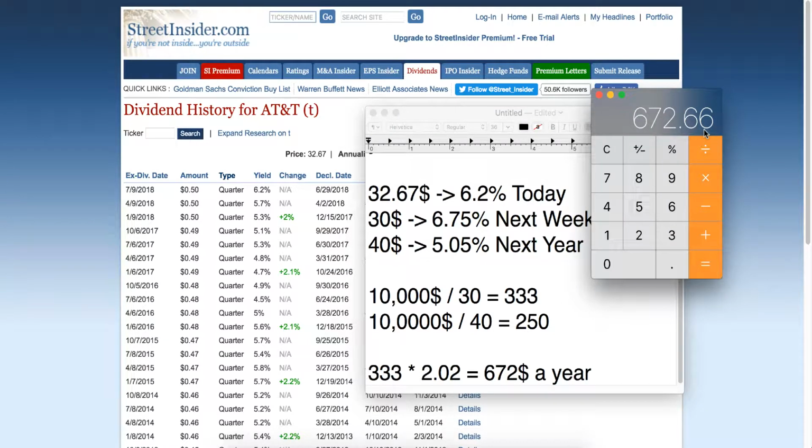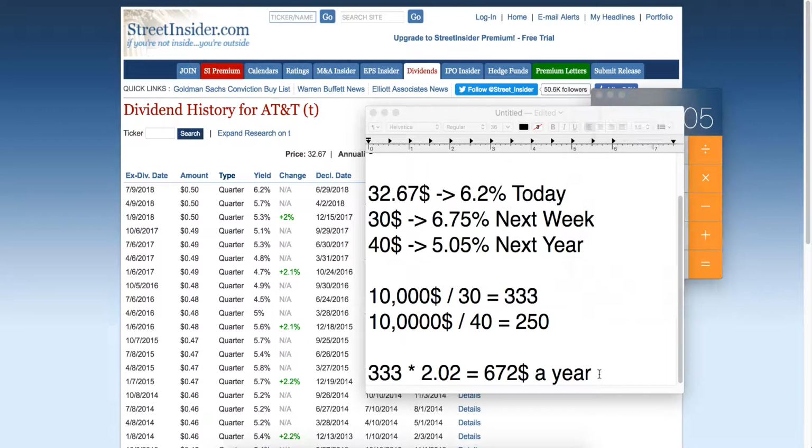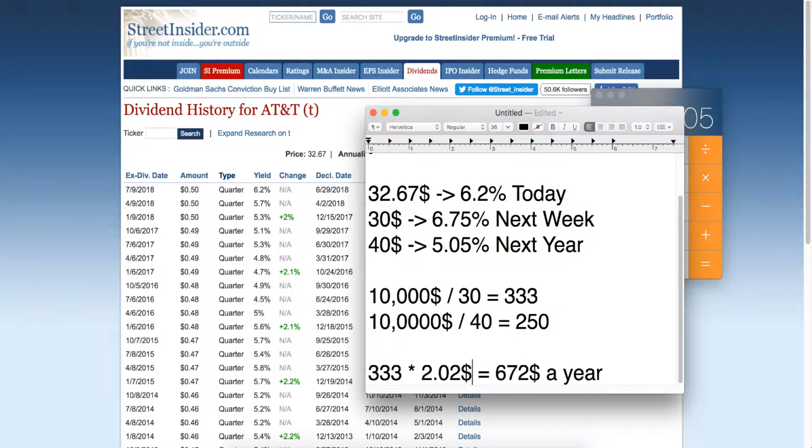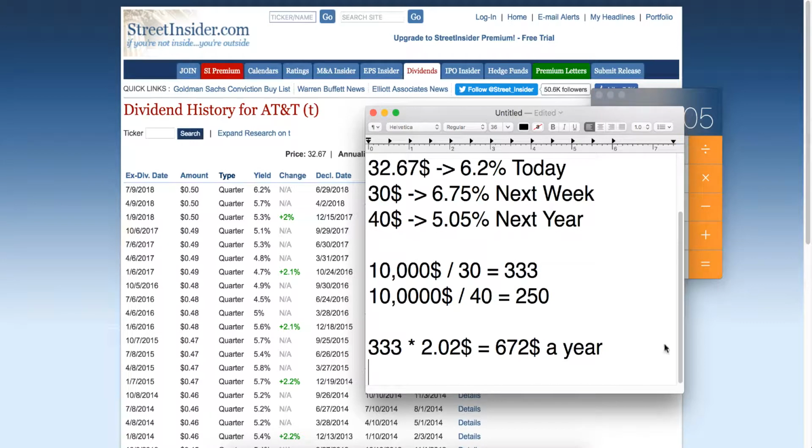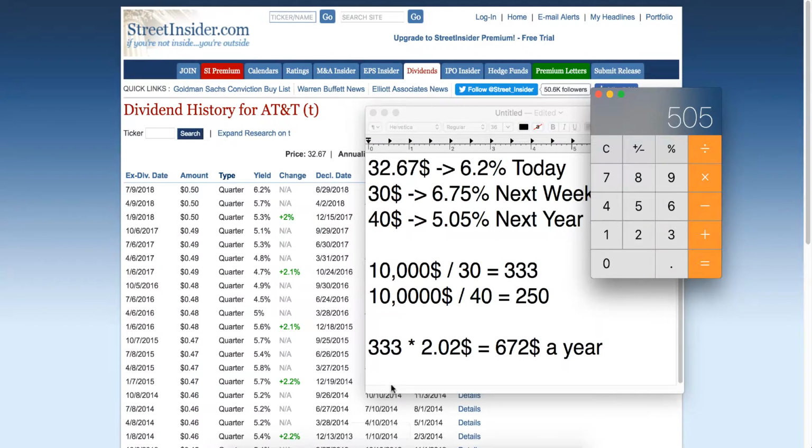So the second situation where we had 250, if the amount remained the same, the dollars that we're getting paid a year would remain the same per share, then we'd get 505.